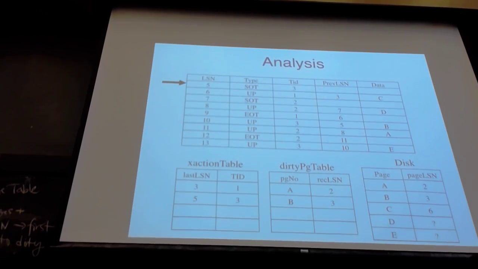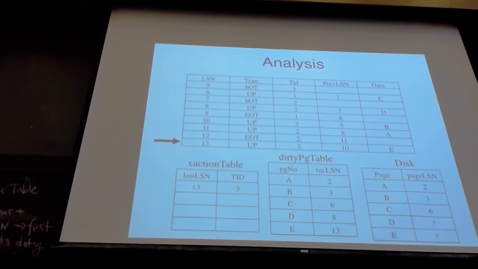Okay, so I update these data structures as I go. So transaction 3 starts, transaction 1 updates C, transaction 2 starts, transaction 2 updates D, and so on and so forth. I just play this forward and I get this data structure that you see here at the end of playing this forward.